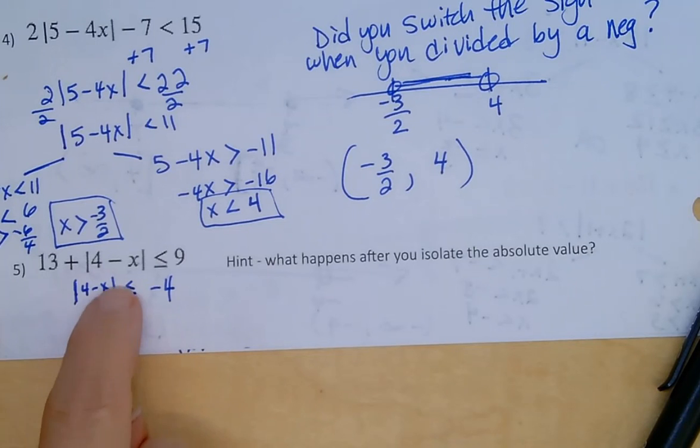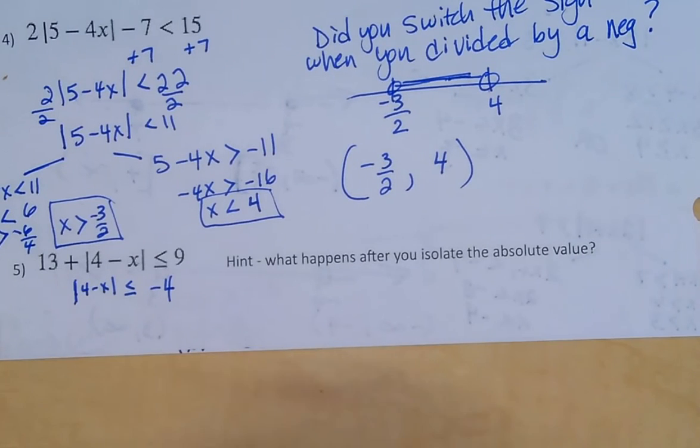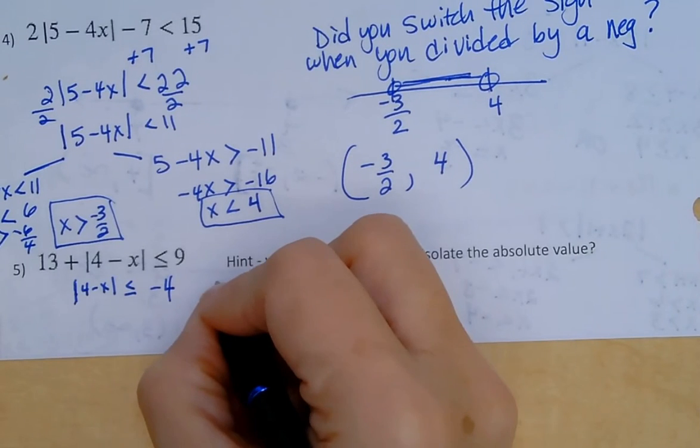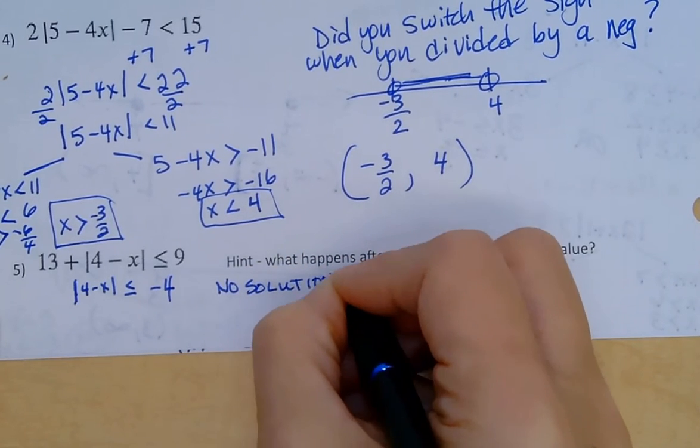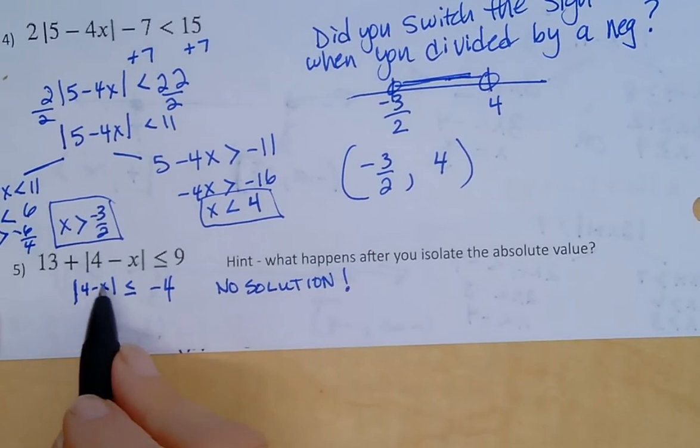I cannot possibly make something inside there and then take the absolute value of it and have the absolute value be less than 4. And so I'm going to stop right here, and I'm going to say there is no solution.